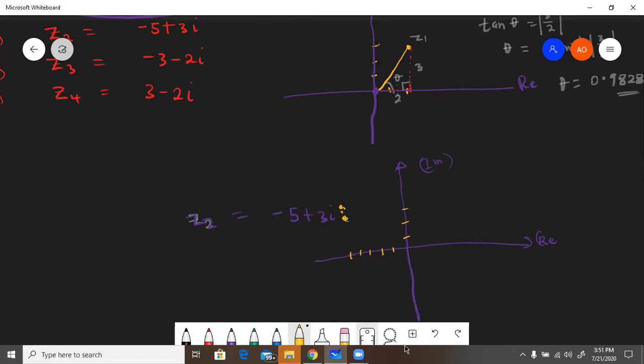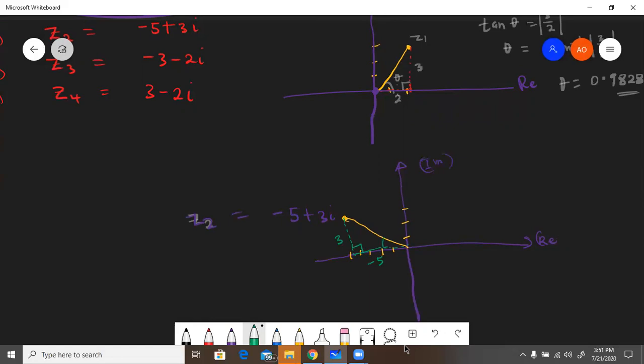From there you can draw your line straight down to this place. And this is the vertical and the horizontal dimension. The vertical dimension is 3, the horizontal dimension is -5. This is the right angle triangle.